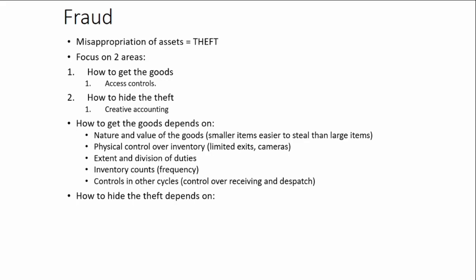So when we look at those types of items, we want to be very careful about them. As auditors, we want to identify that they are high risk items. So high value, low weight items are very dangerous.